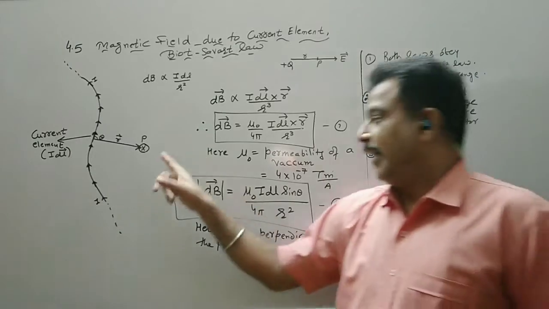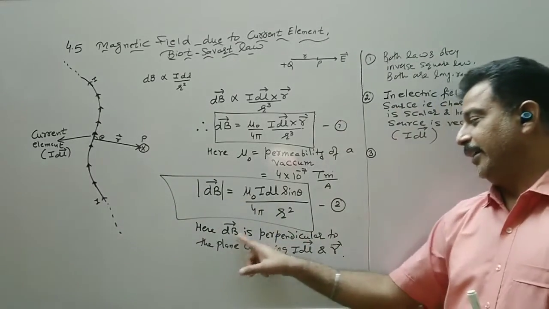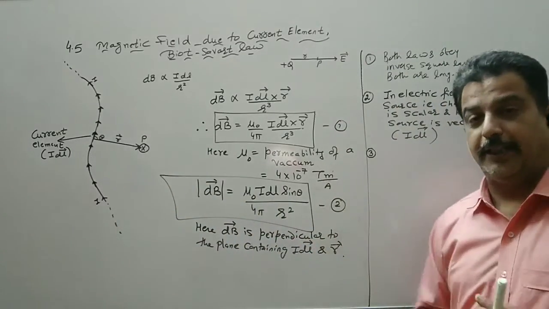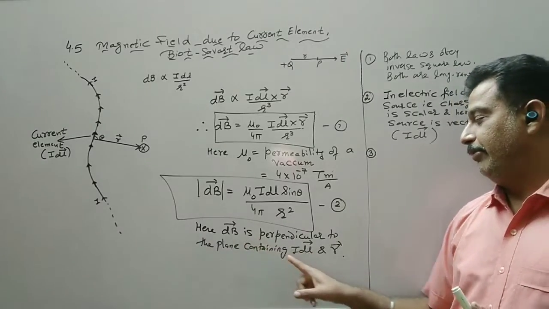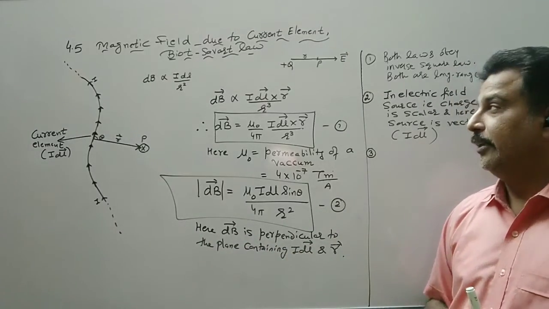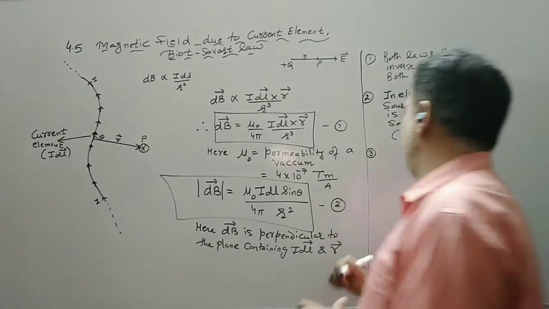Here the direction of the magnetic field intensity is perpendicular to the current element. So the angle between dB vector and IDL vector is 90. So this is again a dissimilarity.